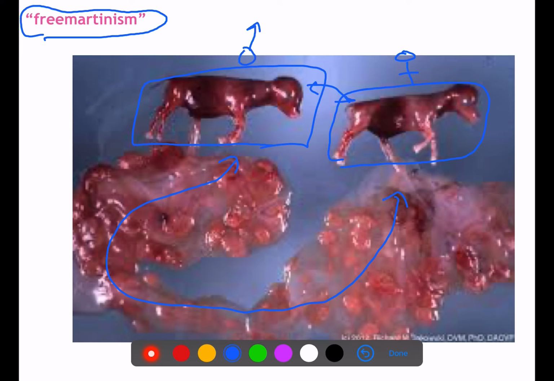It's called anastomosis placenta. The hormones produced by the male will travel through the placenta to the female, and this causes the female to look like a male with gonads and become an infertile female.